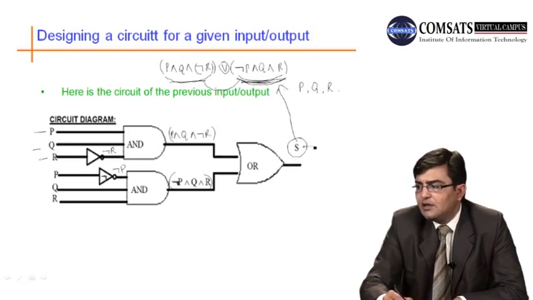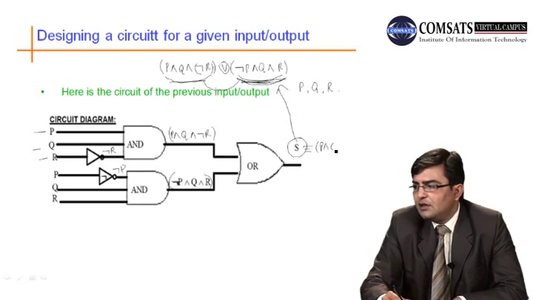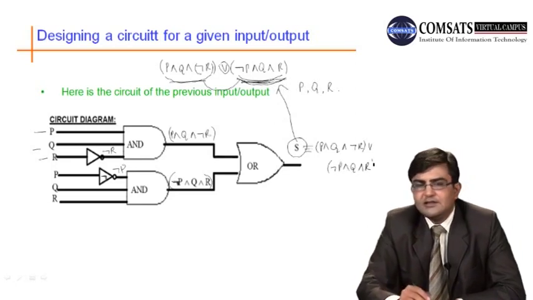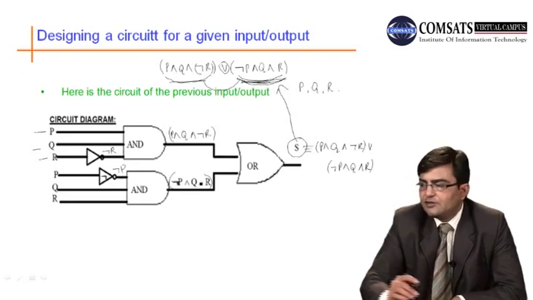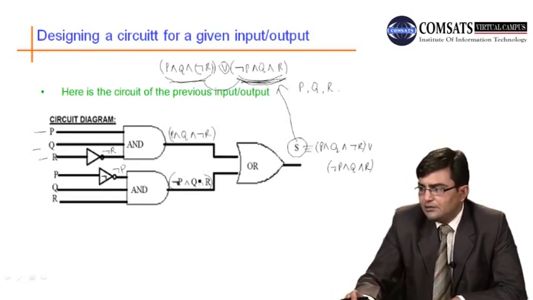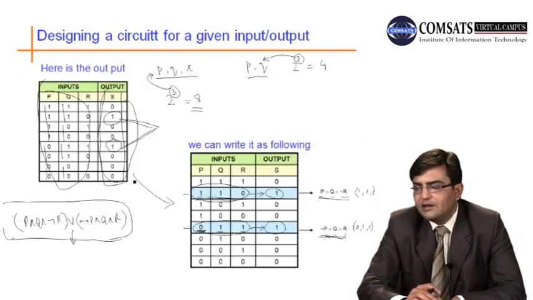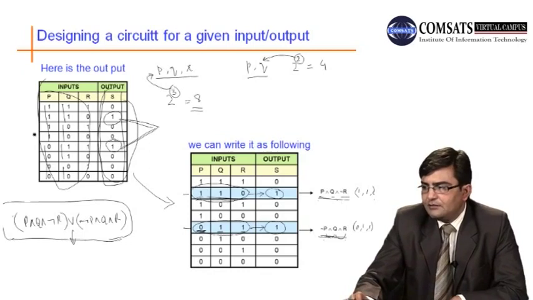S is equivalent to P and Q and not R, or not P and Q and R. So this is basically the circuit which corresponds to the given inputs and output in this truth table.